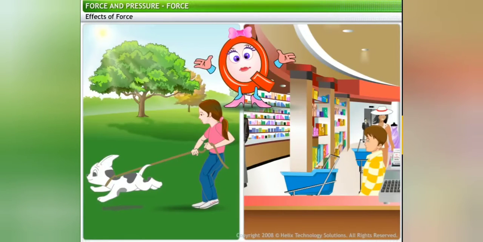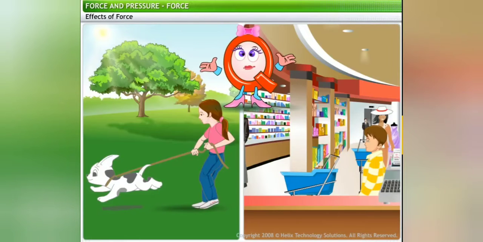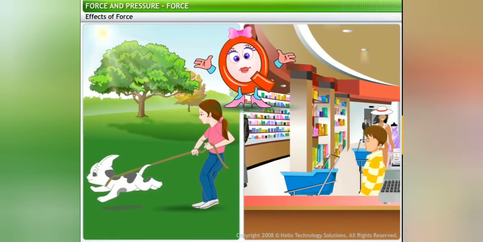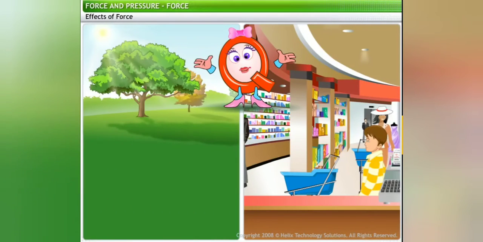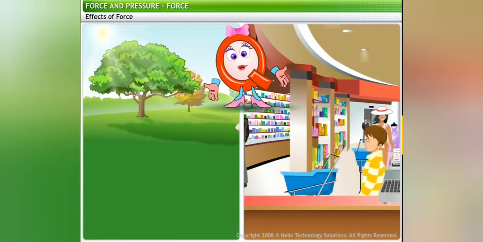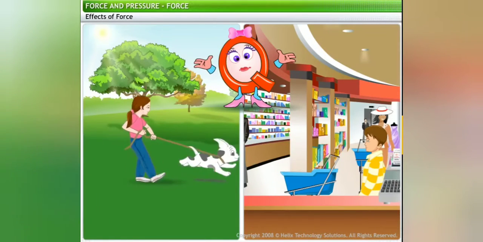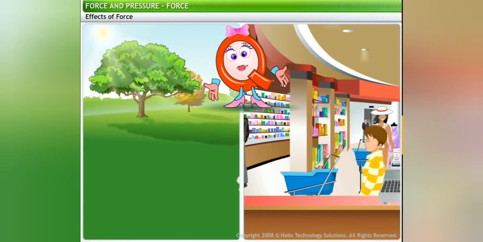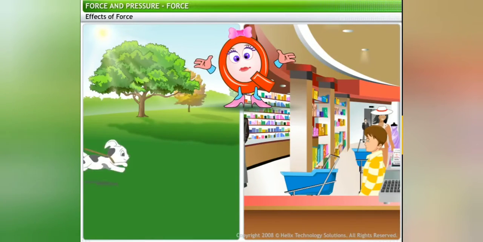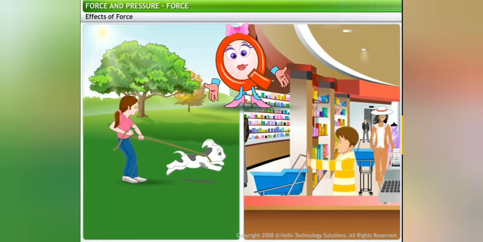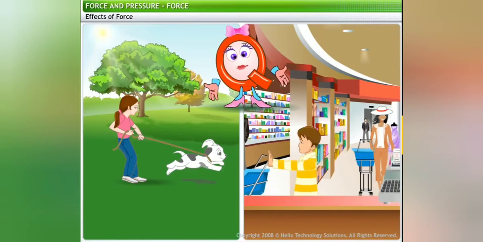To understand how force changes the state of motion of a body, let's check out some scenarios from our everyday lives. Here, Tina is in the park walking the dog. She is trying to stop the dog from running away. On the other hand, look at James pushing the shopping cart, which is initially at rest.